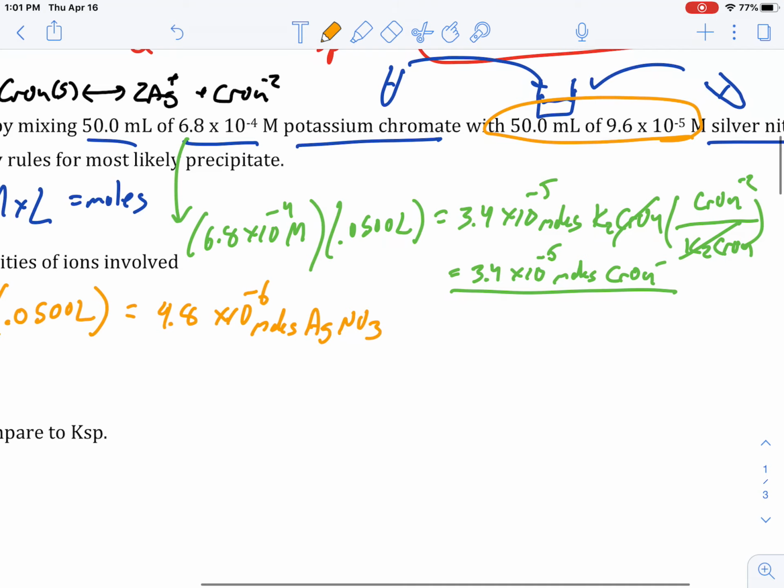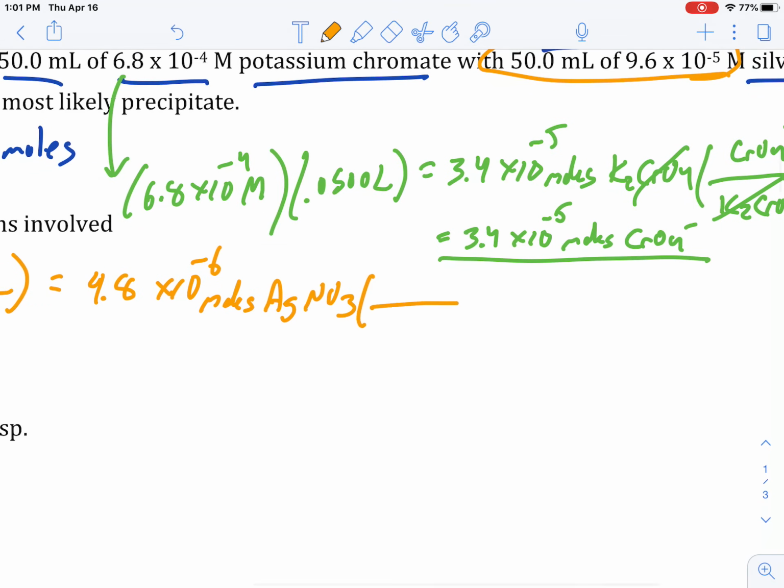Okay, so now again, it's not silver nitrate we need, it's just the silver. For every silver nitrate, there is one silver ion. So we have 4.8 times 10 to the minus 6 moles of silver.